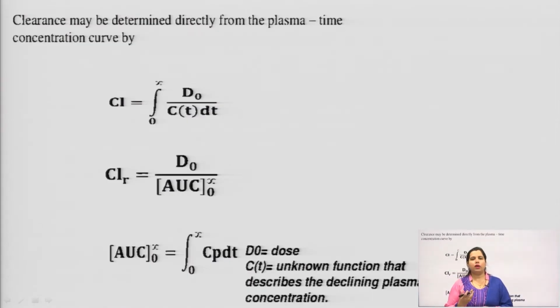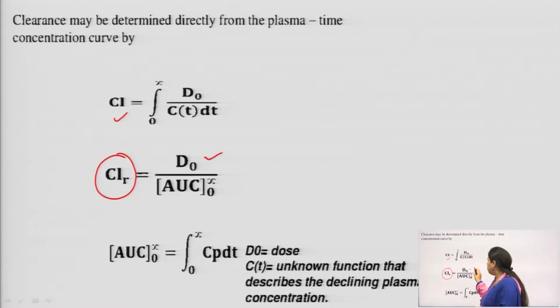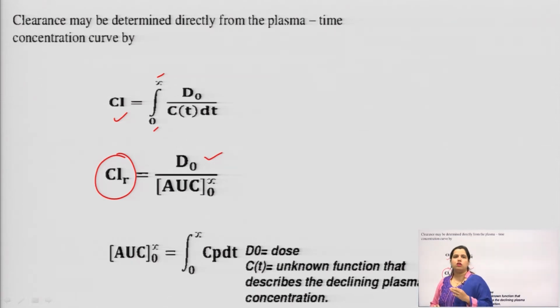So, how can we determine the clearance from the model independent approach? Clearance may be determined directly from the plasma concentration time curve using this equation: CL = D0 / ∫Cp dt, where CLR is the renal clearance and D0 / AUC from 0 to infinite time. This is the time range we have given, from time 0 to infinite time. AUC is equal to the integral of Cp dt.